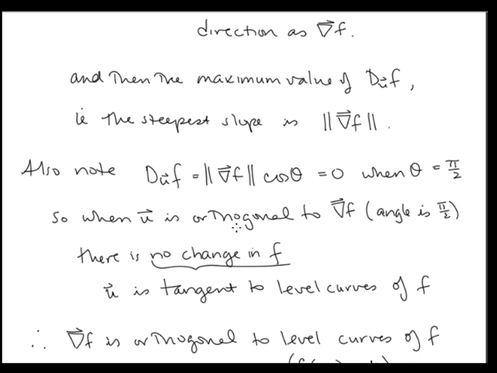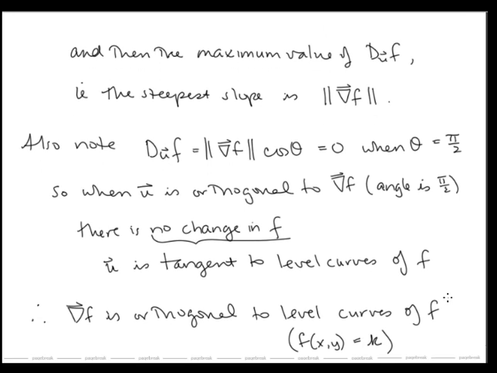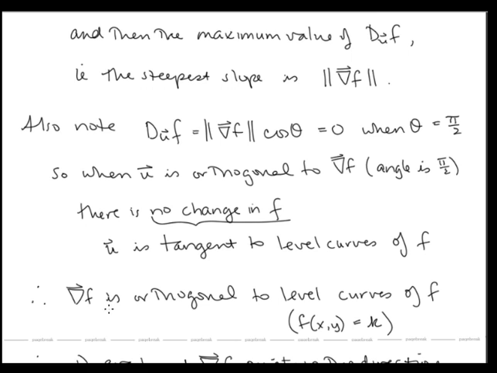So when u is orthogonal to the gradient vector, when the angle is pi over 2 between them, there's no change in f. That means that u is tangent to level curves of f, which means that the gradient vector is orthogonal to level curves of f.